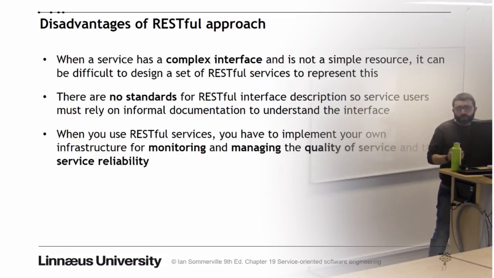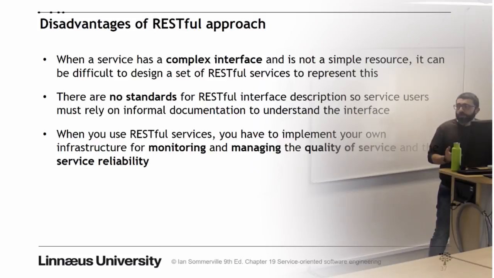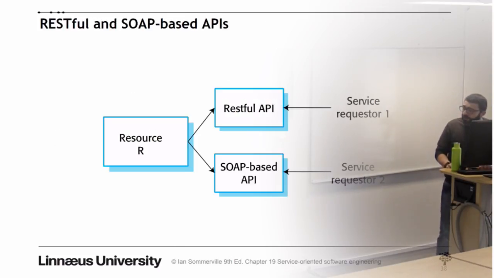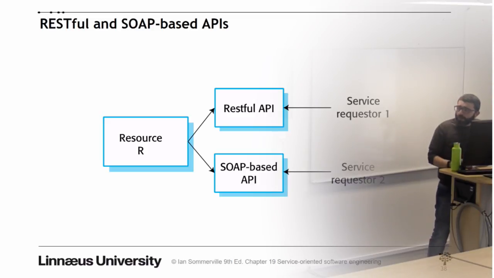Okay, it's much easier if you exploit SOA web services, the XML web services standard, because the infrastructure also provides these services. Okay, then one easy workaround for this problem is, whenever you have a resource, you can provide 2 different interfaces. Okay, you can provide a SOAP-based API and a RESTful API, so that someone can use the SOAP-based API and someone else can use the RESTful API.